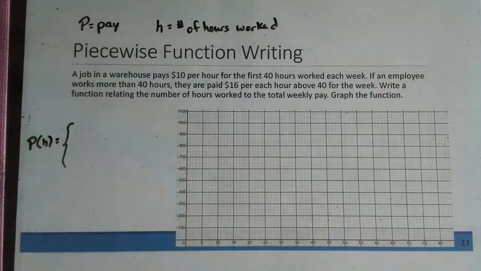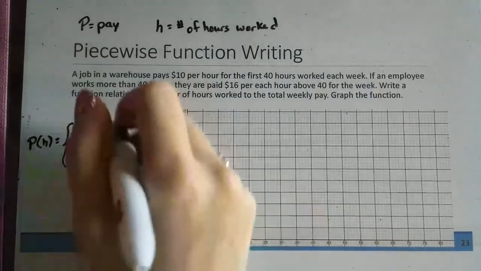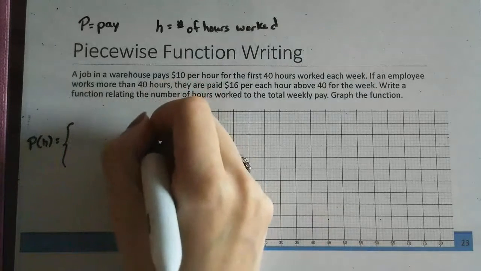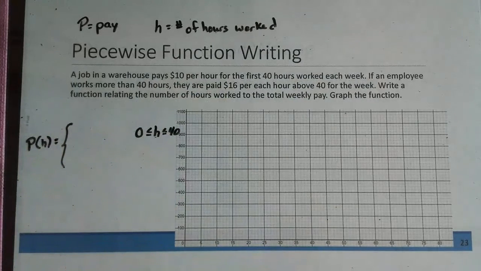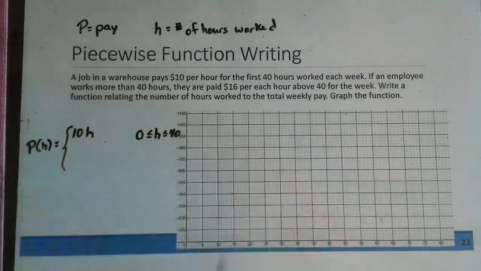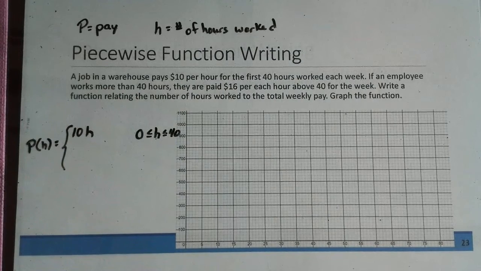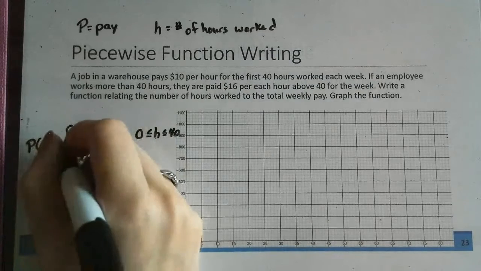We had two different cases here. We get $10 per hour if we work less than or equal to 40 hours. So if H is between 0 and 40, we get paid $10 per hour. So to figure out our total pay, we will take 10 times the number of hours that we've worked. If we work for more than 40 hours, we get $16 of additional pay per hour. Well, we know that the first 40 hours give us $400.